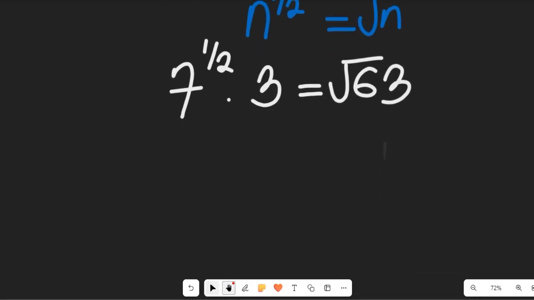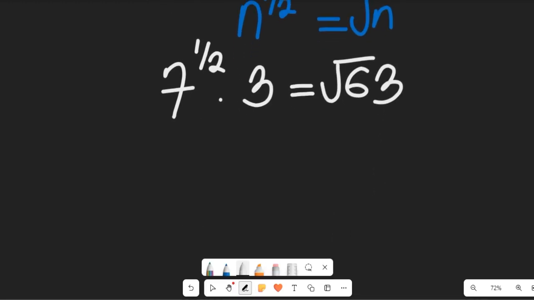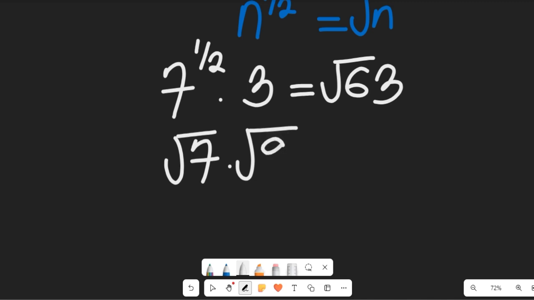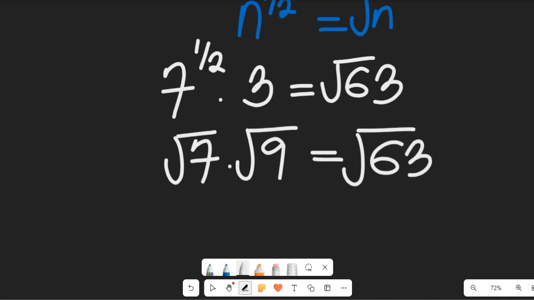So that expression is still going to give us the square root of 7 multiplying what? Square root of 9 will give us 3, right? Good. So this will give us the square root of 63. 7 times 3 is going to give us 63. And the rule permits me to multiply the two square roots.